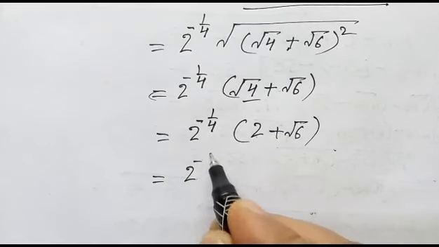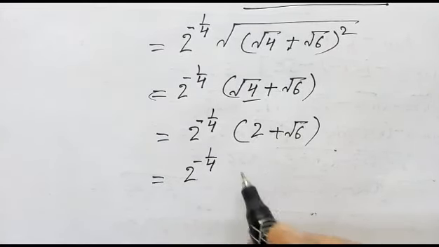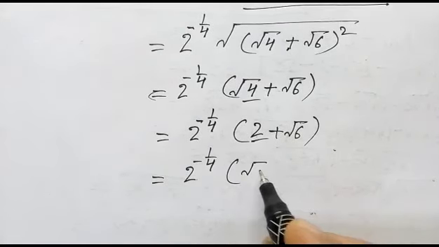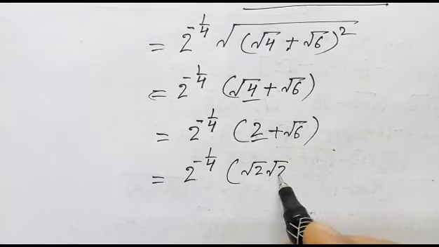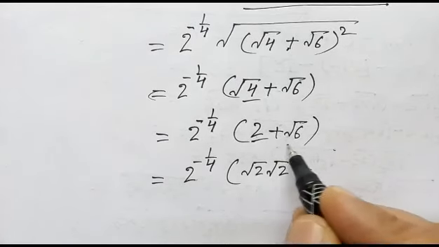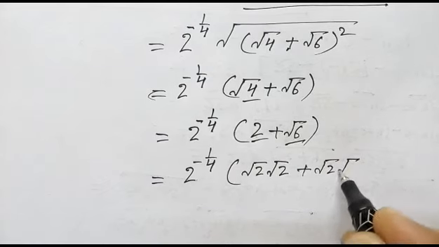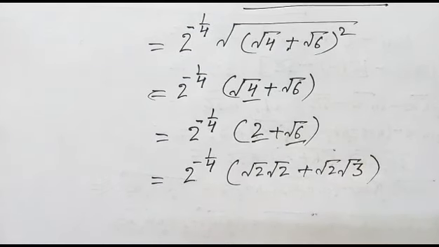So 2 to the power minus 1 by 4, 2 as square root of 2 into square root of 2, plus square root of 6 as square root of 2 into square root of 3, right?